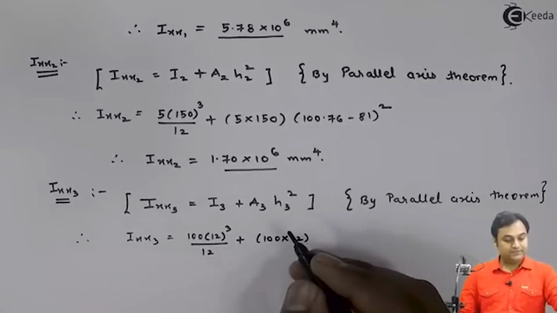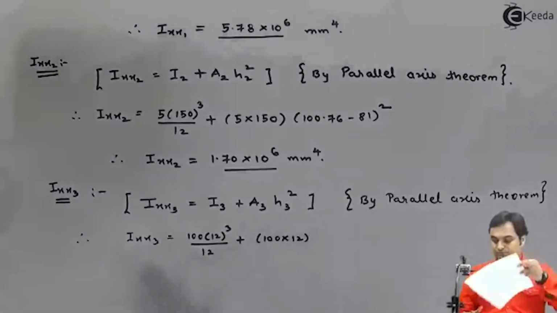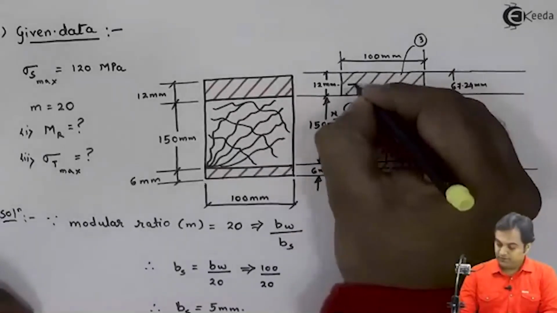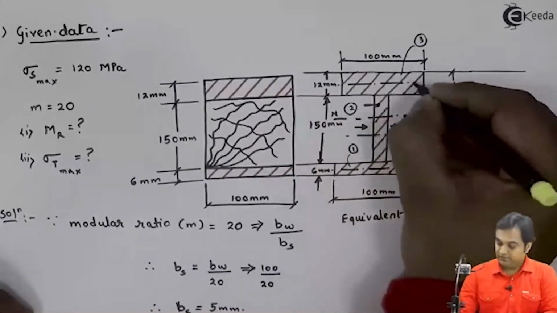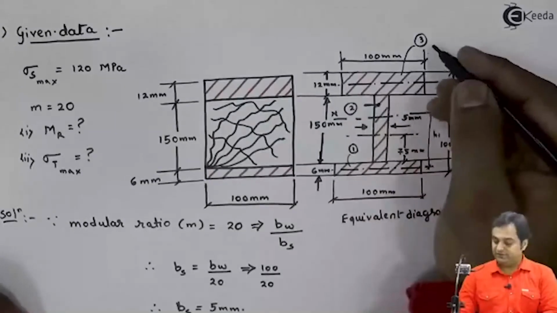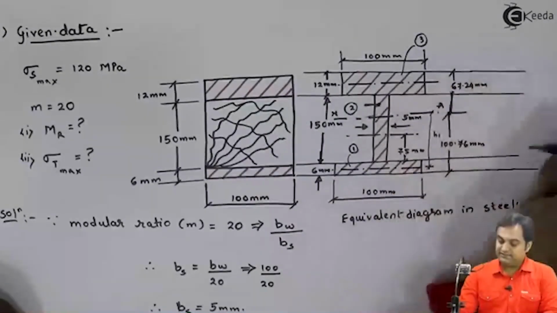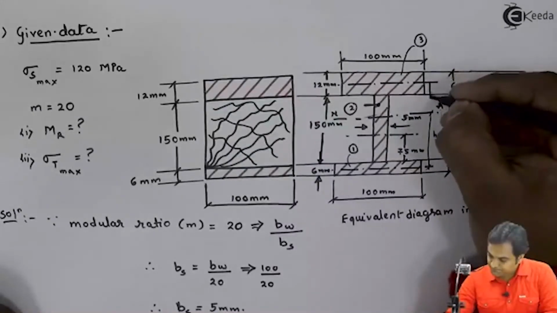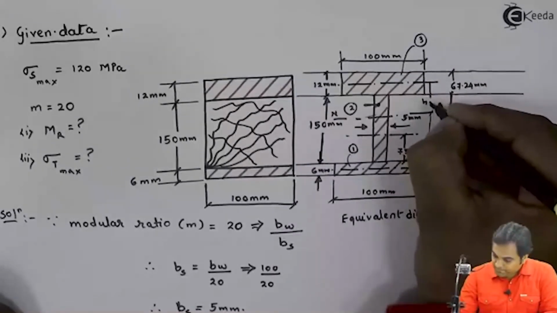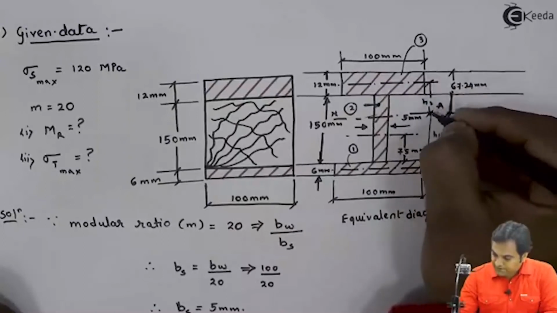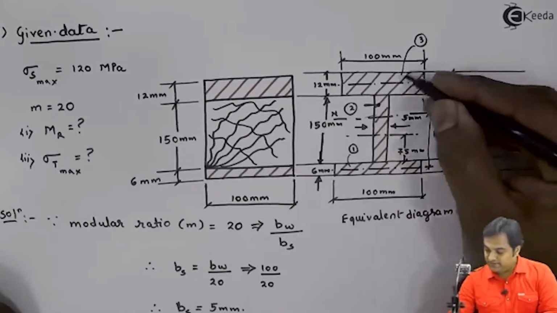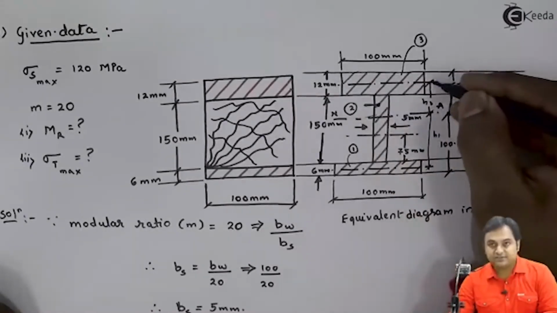H3 is the distance between the horizontal x-axis of the third rectangle and the neutral axis. Now this distance is my H3. In other words, H3 is 67.24 minus half of 12, that is 6.